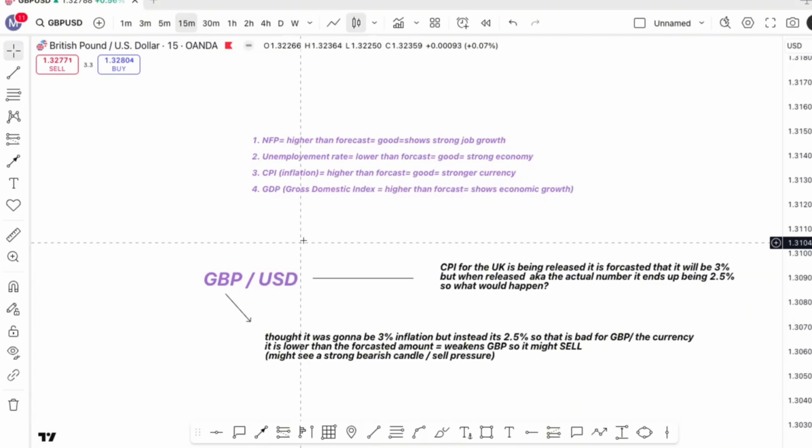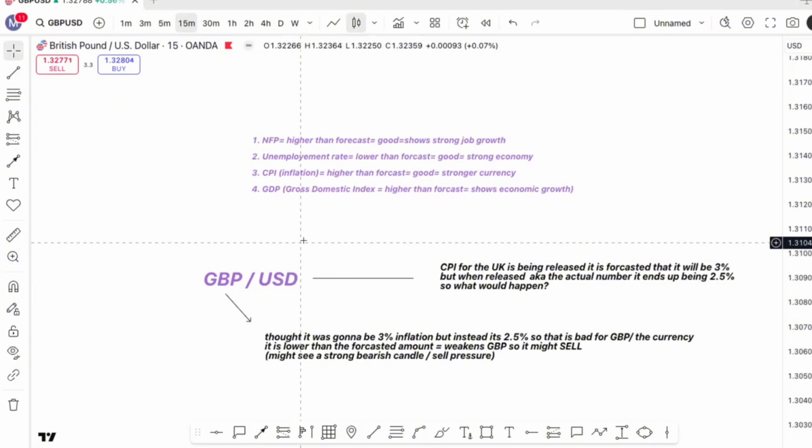What would happen to GBP USD? Remember, the GBP is the quote currency. It will drive price, meaning if GBP is strong, price will go up. If GBP is weak, price will usually go down, meaning the US dollar is probably going to be stronger.